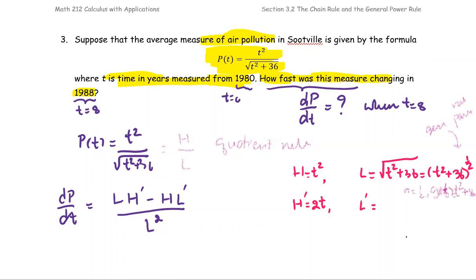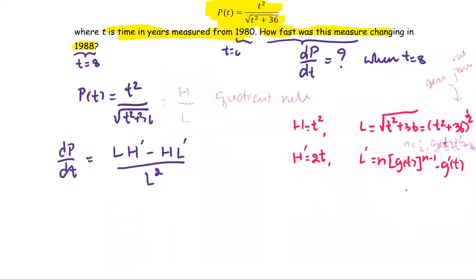The formula is n multiplied by the function g to the power n minus 1, multiplied by the derivative of g.